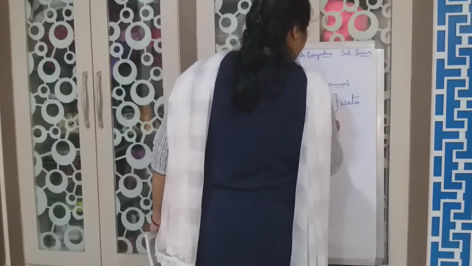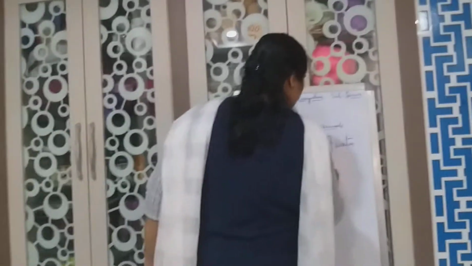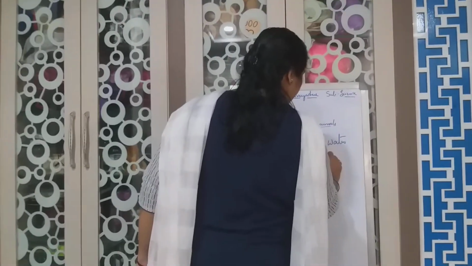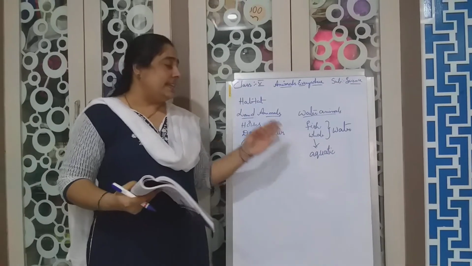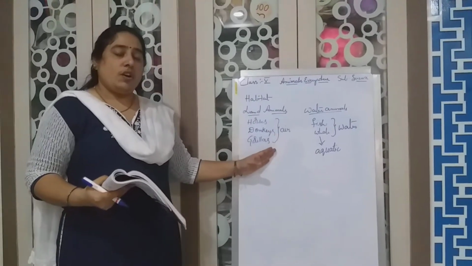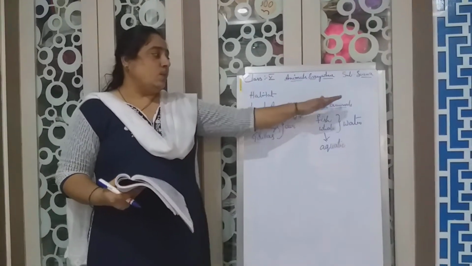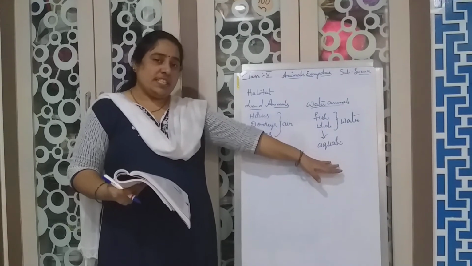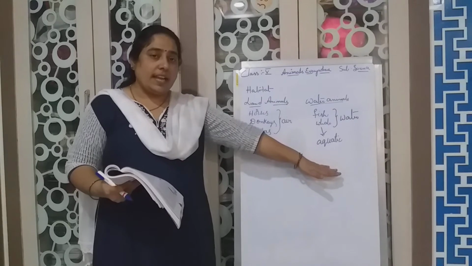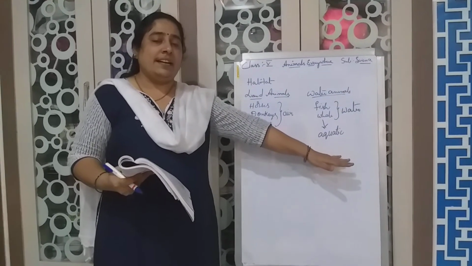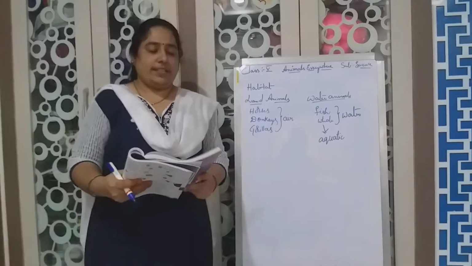Aquatic animals. Land animals take oxygen from air, whereas water animals take it from water, and these are called aquatic animals. Underline aquatic, children.